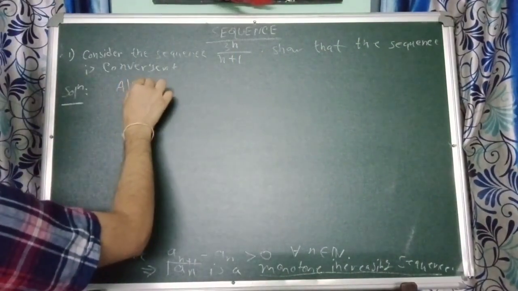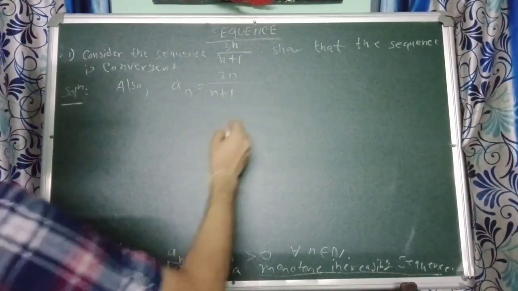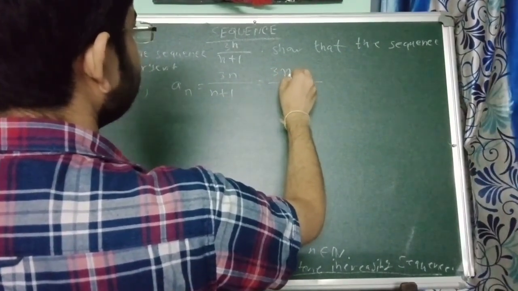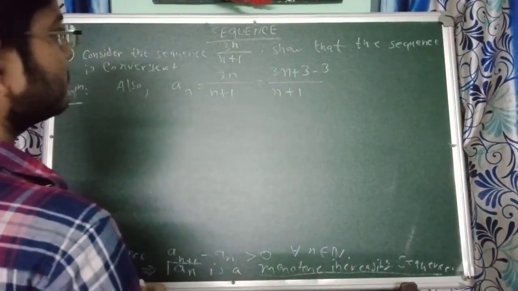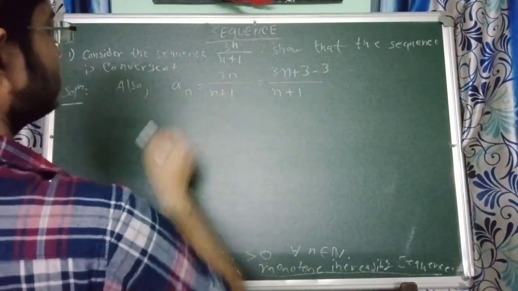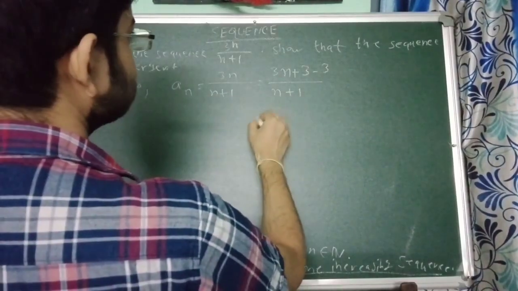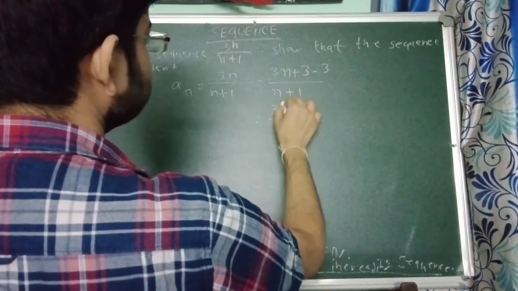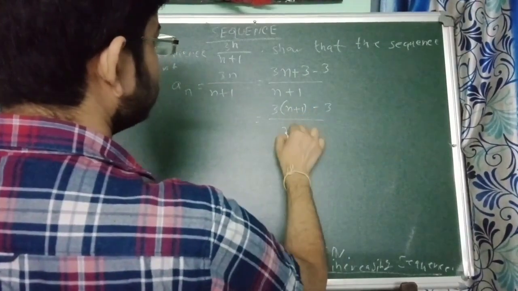Also a_n equals 3n divided by n plus 1, which can be written as 3n plus 3 minus 3 divided by n plus 1, because when we cancel plus 3 minus 3, this becomes 3n divided by n plus 1. Taking 3 in common from the first and second terms, we have 3 into n plus 1 minus 3 divided by n plus 1.